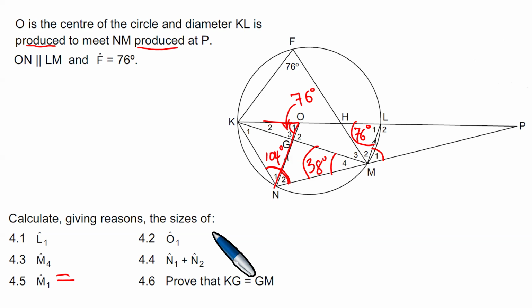Is it Tsenulo? What do you think, Tsenulo? How do you think we can find the size of the angle M1? Is it too easy or a little bit difficult to find, and why? Or are you still thinking too much about it?